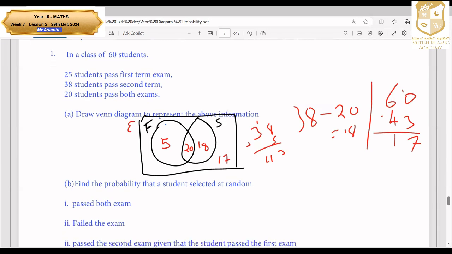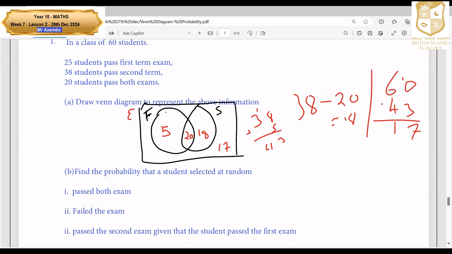Now let's look at the probability. The first question, part A, says find the probability that a student selected at random in that class of 60. Remember, our sample space is 60. Calculate the probability that the student selected has passed both exams.